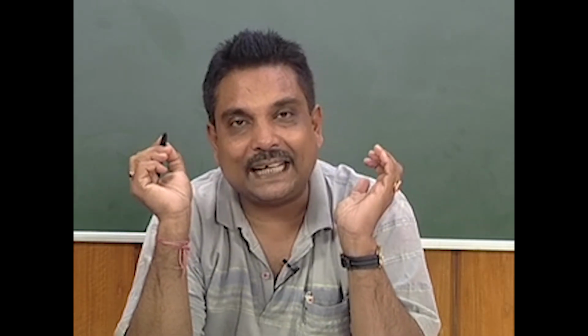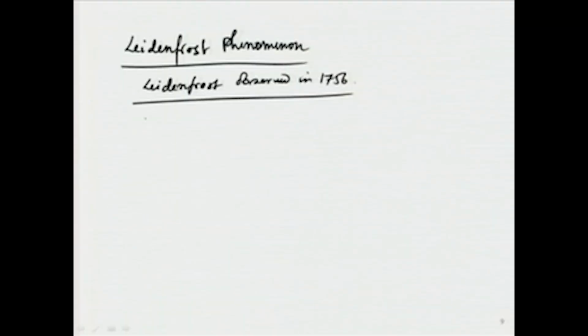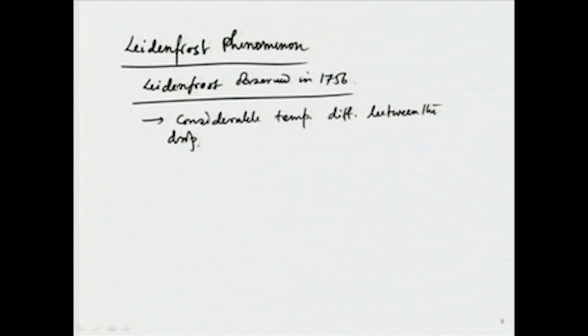Now, what is actually happening in this case? As I told you, the droplet is falling on a hot surface. So, that means a considerable temperature difference is there between the droplet and the hot surface.